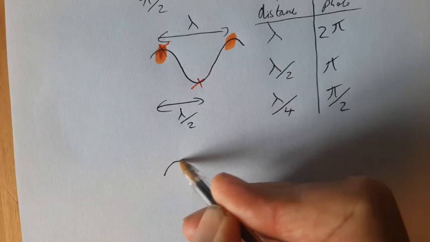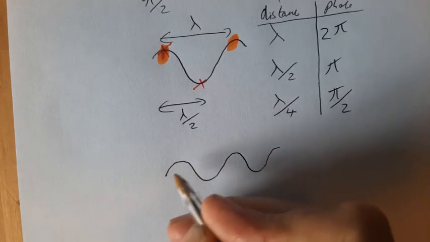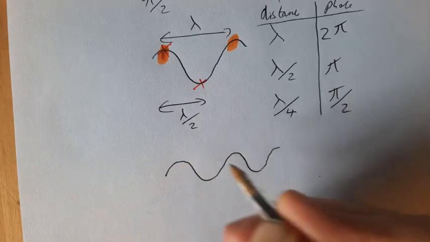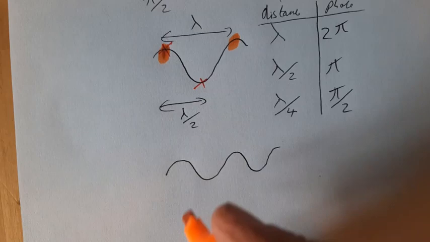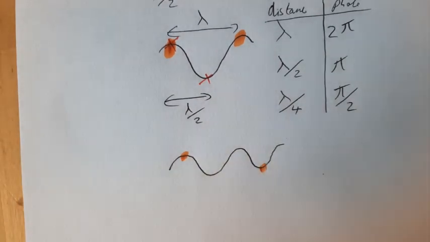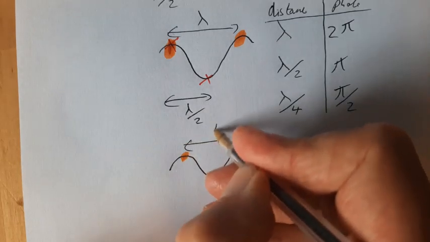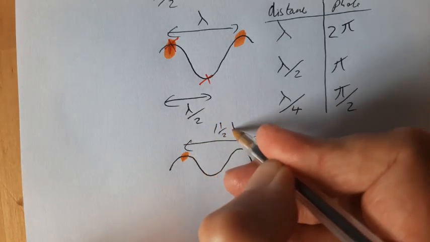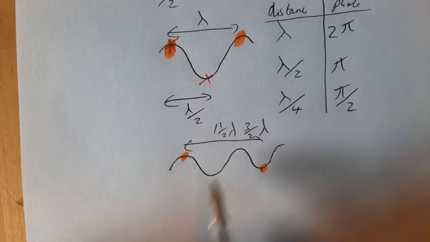If we have a path difference that's more than a wavelength, so let's imagine we were asked to consider what is the phase difference between this point here and this point here, and that distance there is 1.5 wavelengths, or 3/2 lambda, then we just knock off all the whole wavelengths.